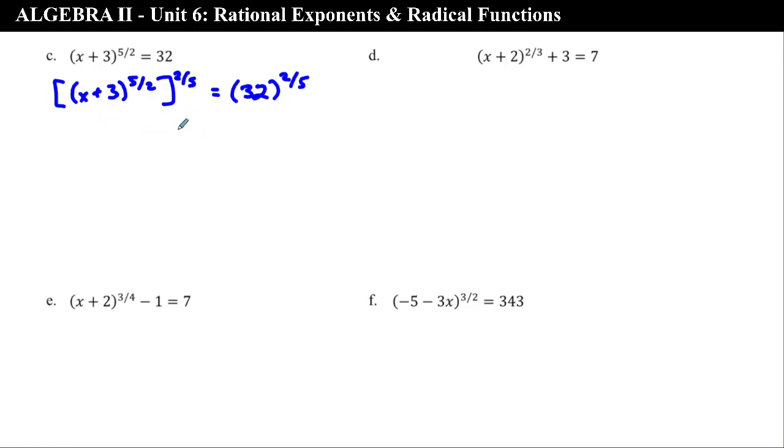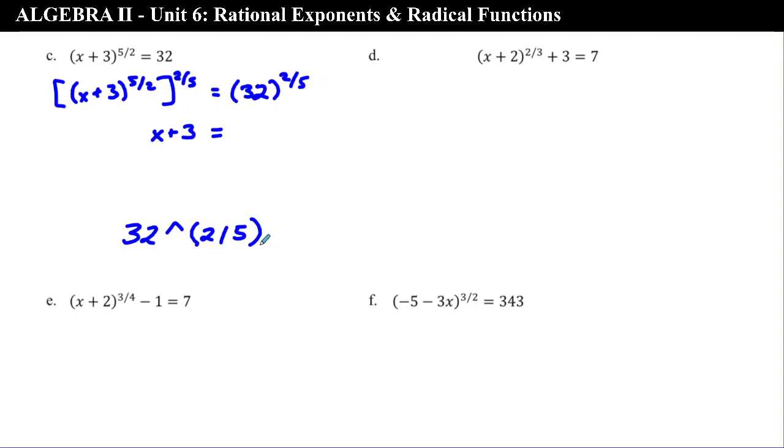So when we do 32 to the 2/5, at this point I would recommend that you just put it in your calculator. Don't make this more complicated than it has to be. Just be aware, when you do 32 and then the caret symbol, you need to put the 2/5 in parentheses when you put it in your calculator.